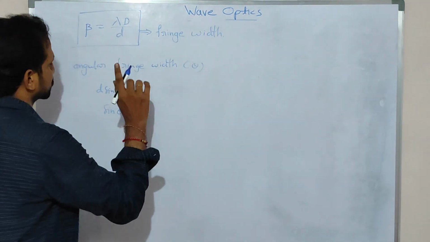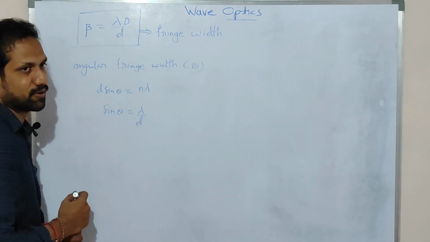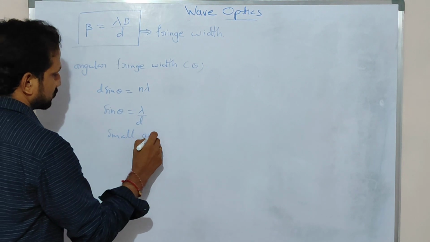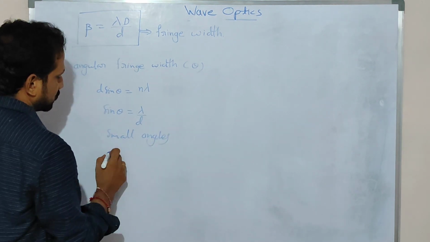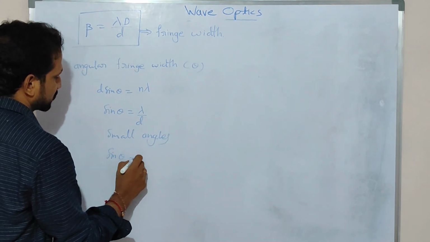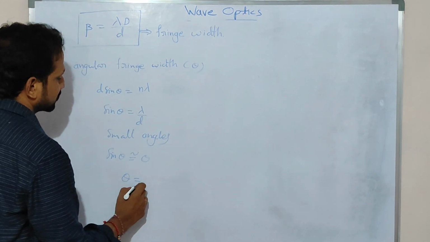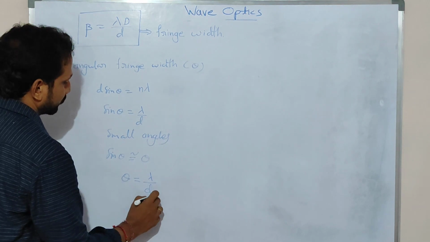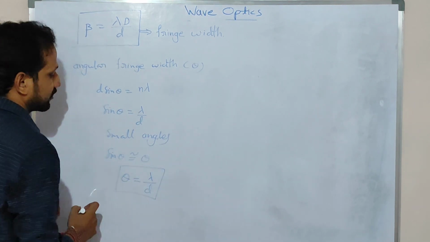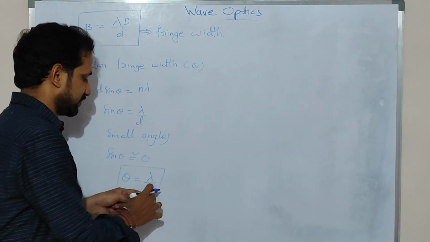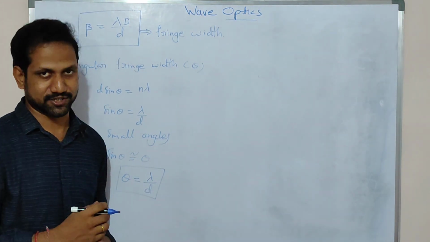If I consider n equals 1, then sine theta equals lambda by d. For small angles, sine theta we can approximately take as theta. So theta equals lambda by d. This theta is called the angular fringe width, which is directly proportional to the wavelength of the light and inversely proportional to the gap between the two slits.